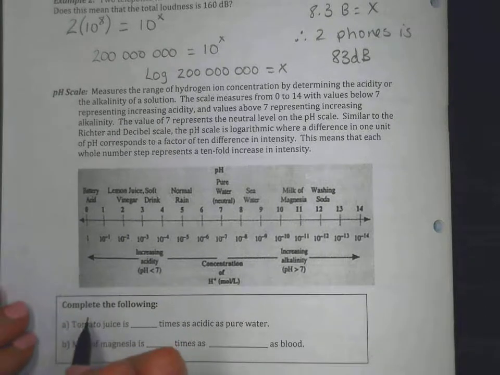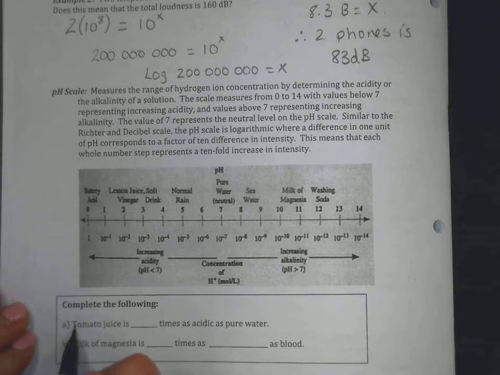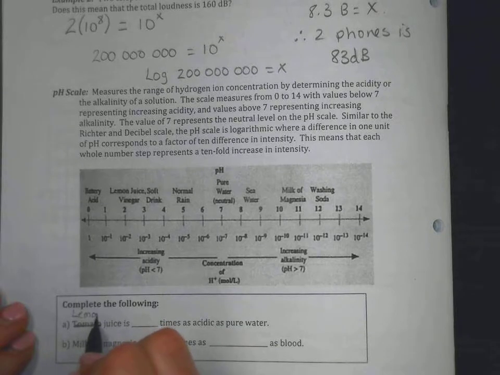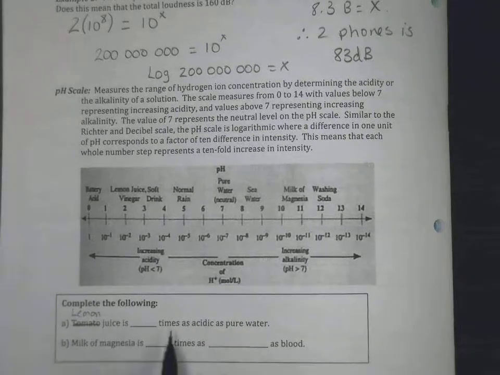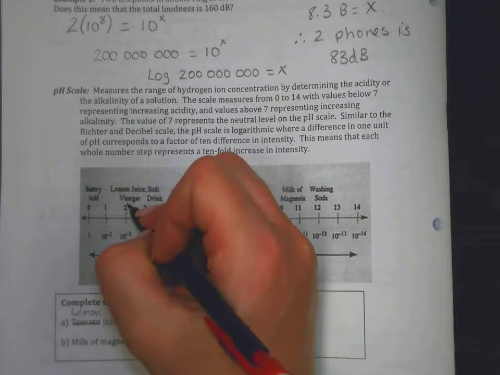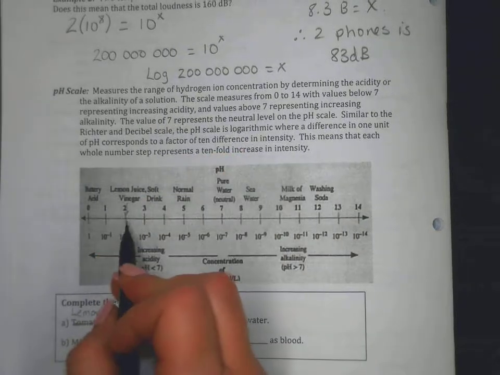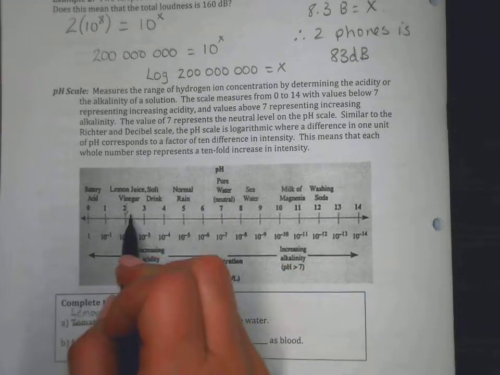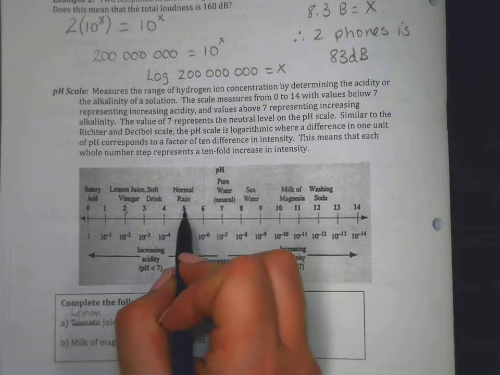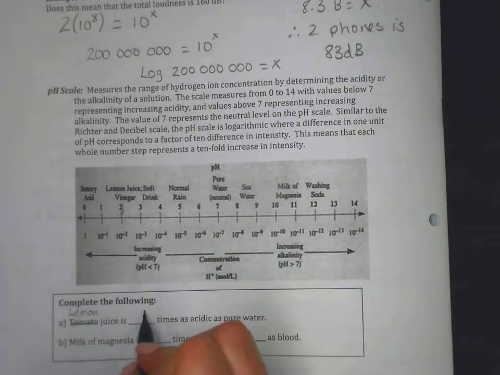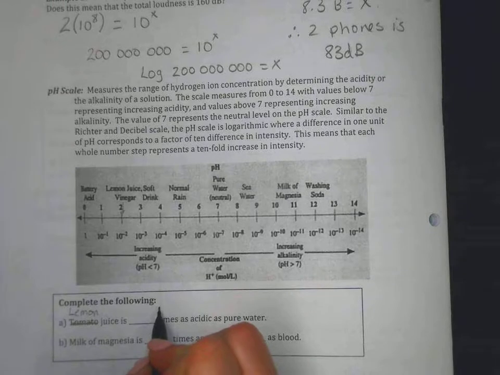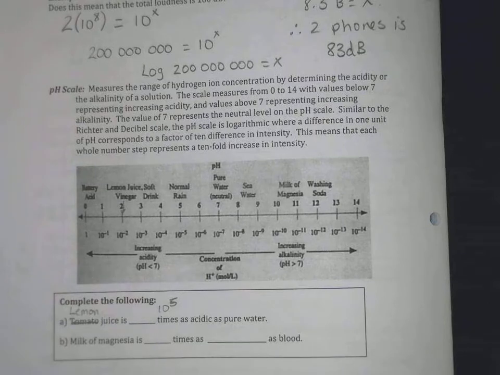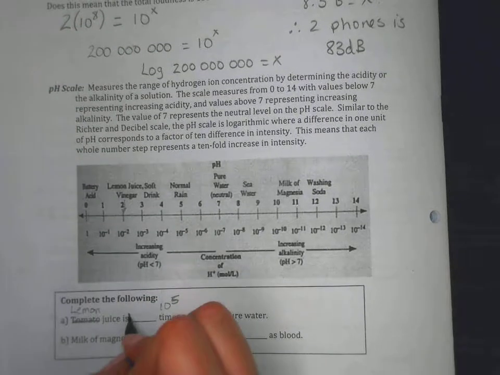How many times as acidic as pure water is it? Here our lemon juice is at a value of 2, and so how many steps over is it compared to pure water? 1, 2, 3, 4, 5. So this would be 10 to the power of 5, which is 100,000 times as intense.